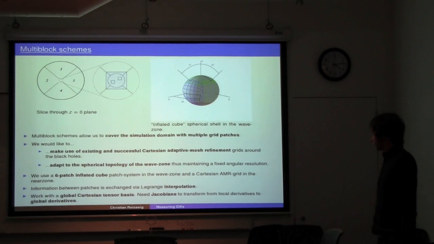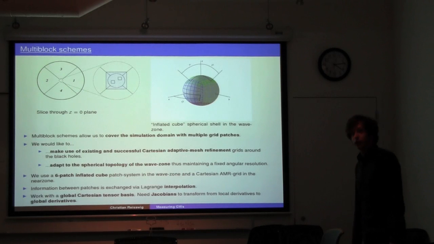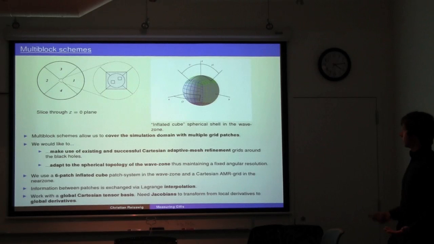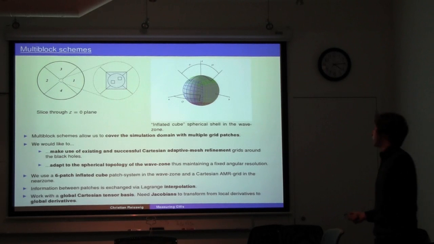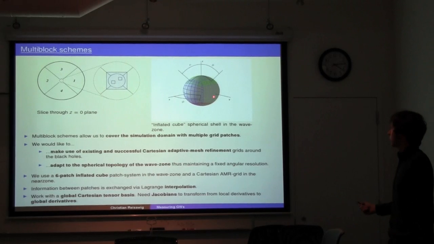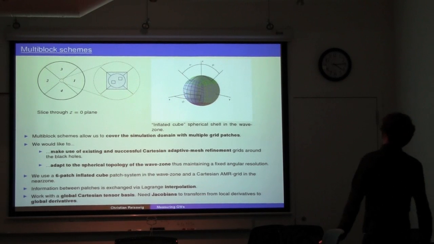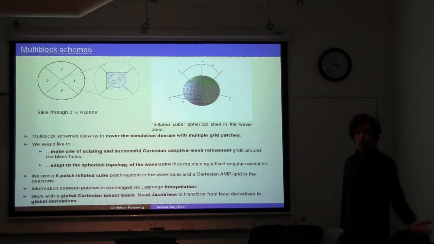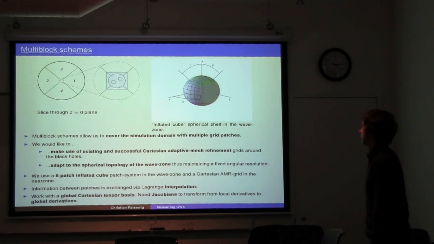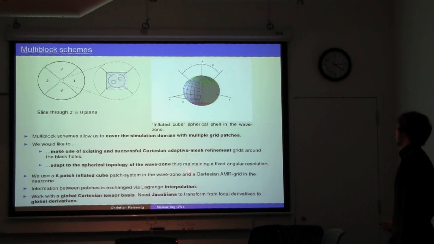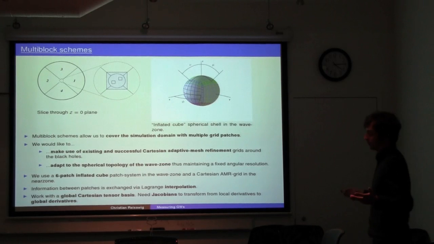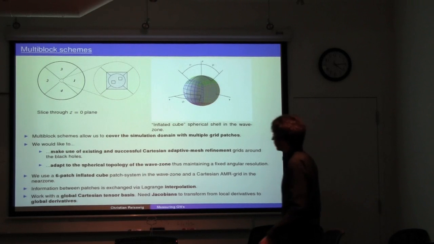And we work entirely in a global Cartesian tensor basis. That means we don't need to transform the tensor components of the metric from one local coordinate system to the other local coordinate system. But because the derivatives are still taken in the local tensor basis, we need to apply Jacobians in order to transform the derivatives to the global tensor basis.